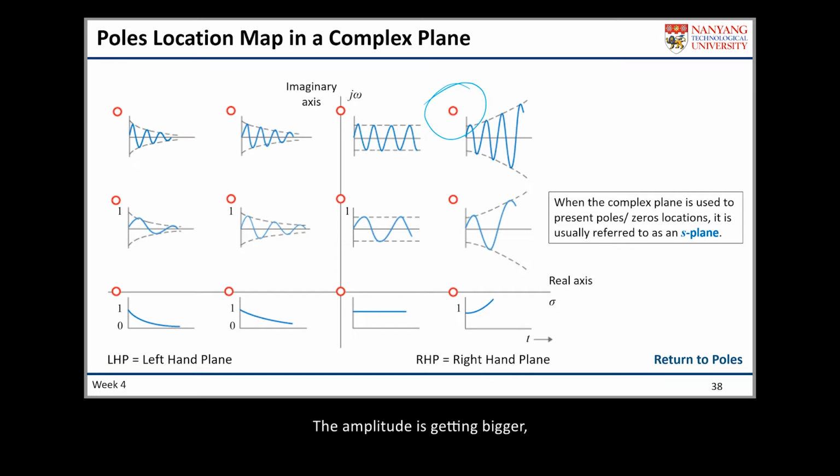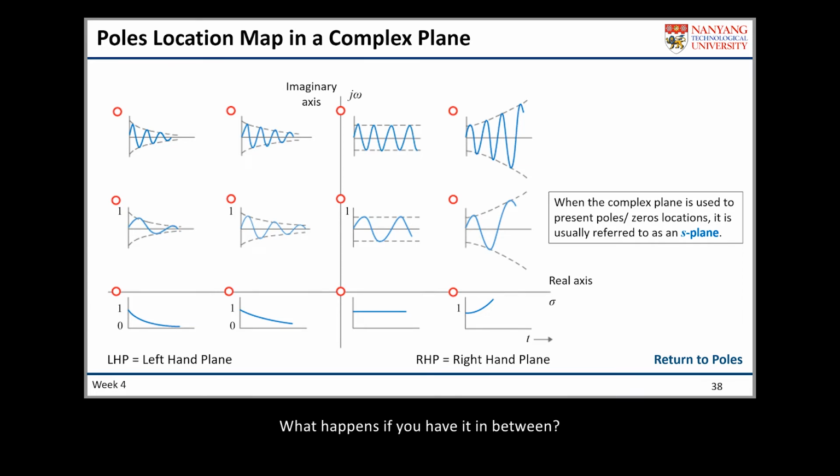The amplitude is getting bigger, bigger, and bigger, which means your system is also unstable in this case. So looking at this pole location map, we can easily conclude that any poles on the left hand plane mean a stable system. But if your system has poles on the right hand plane, meaning the real part of the pole is positive, your system is unstable.